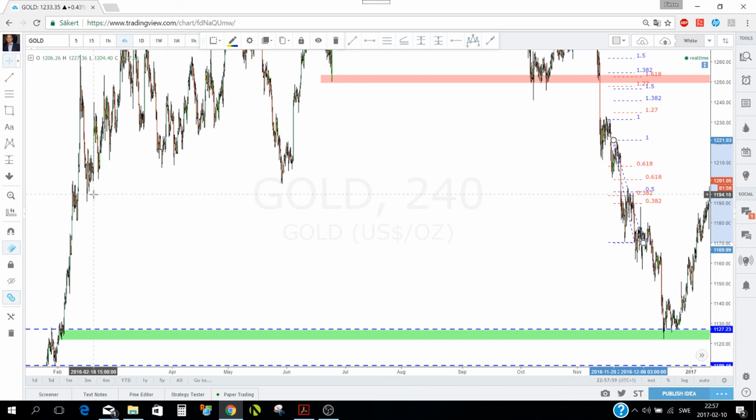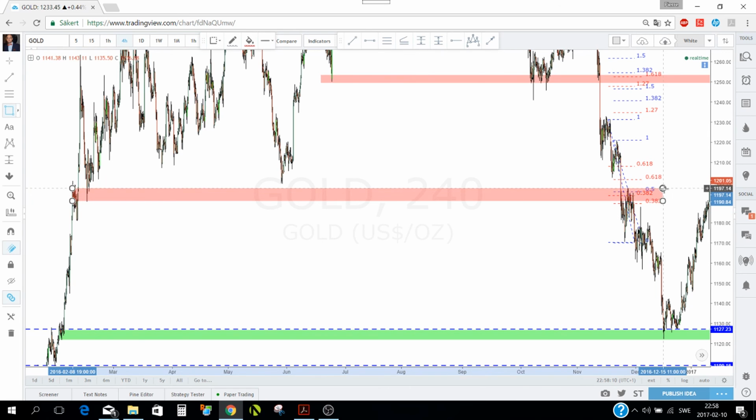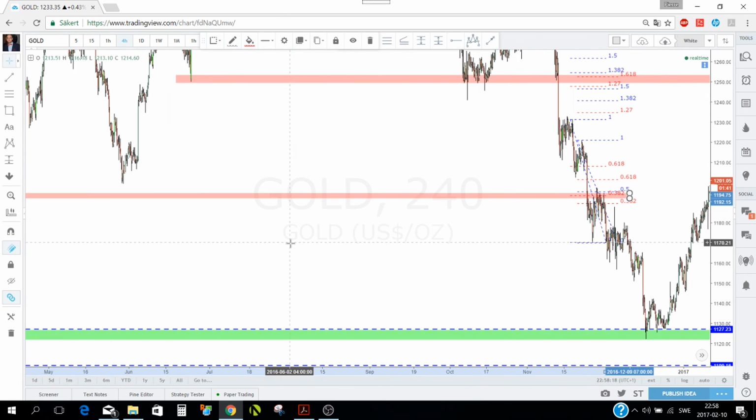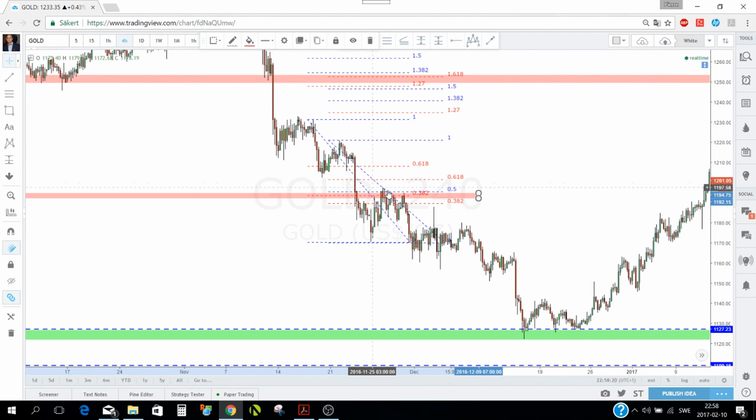But we had also, as you see here, even back then, this support area here. Let's make it a little bit better to see. So as you see, this touch here, we have it now on the same level with those Fibonacci levels.